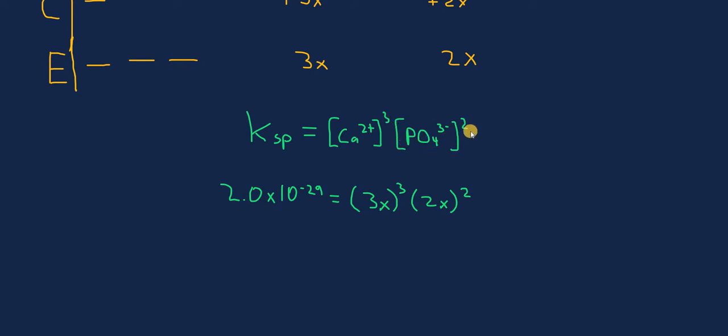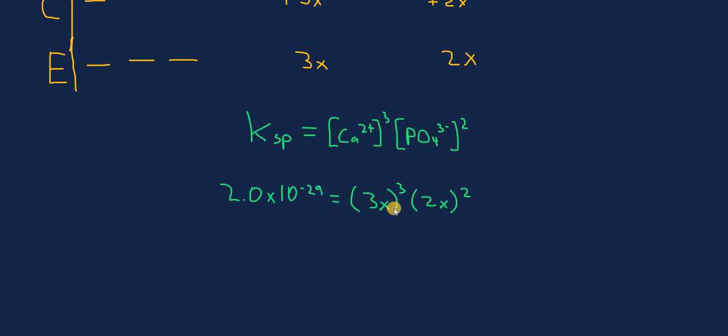And again, you raise these concentrations to the power of the coefficient they have in the reaction. So remember, for calcium ions it was 3, and for phosphate ions it was 2. So when you fill in our values at equilibrium into this expression, we have our Ksp, which is 2 times 10 to the negative 29, is equal to (3x) cubed times (2x) squared.